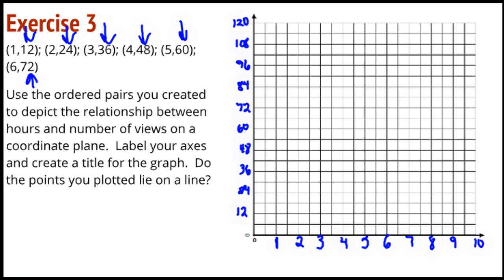Which means that every one of these little guys here is 6 views. Hours is on, oh, I should label this. So this is views. And this down here is hours. There we go.